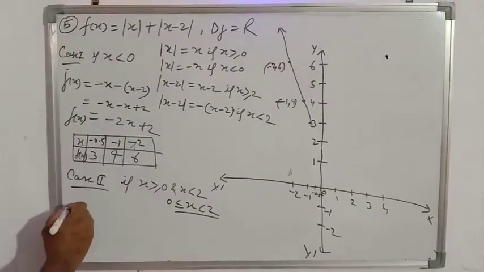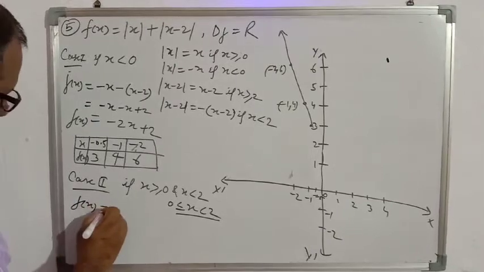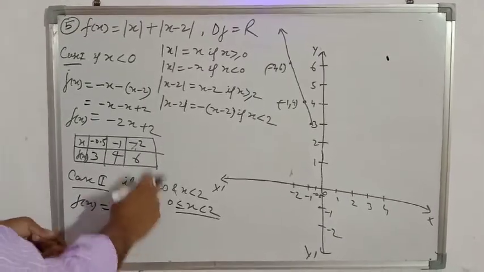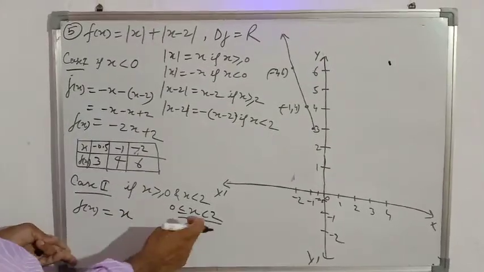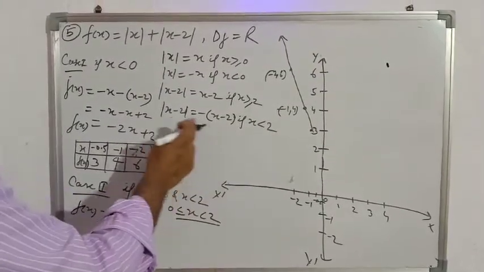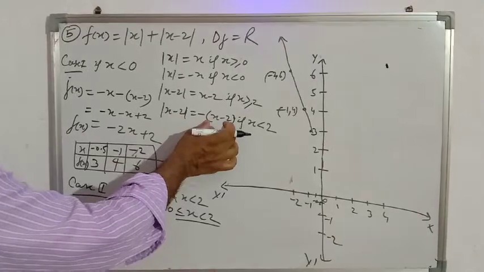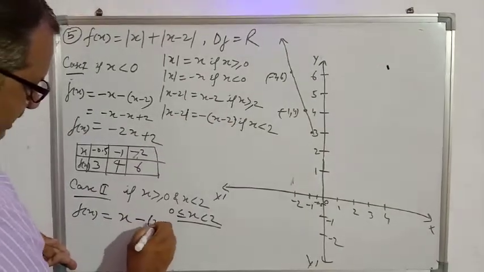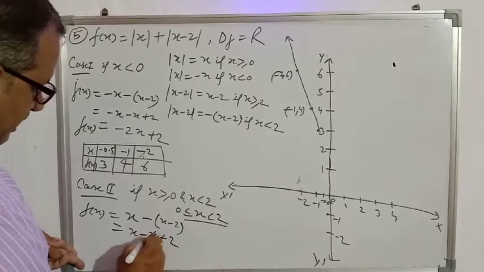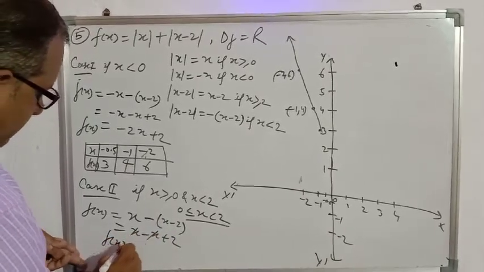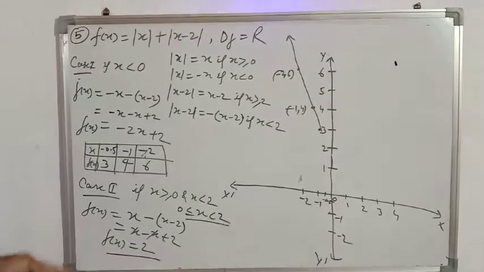So what will be the value of the function? If x is greater than or equal to 0, mod of x will be equal to x. And for x less than 2, mod of x minus 2 is minus (x minus 2). So we will write minus (x minus 2). Open the bracket, minus x plus x cancel, f(x) is equal to 2.